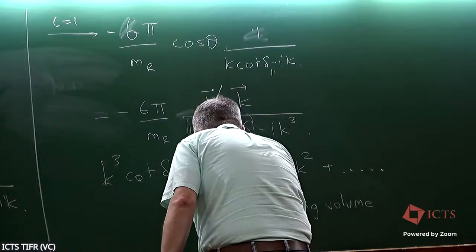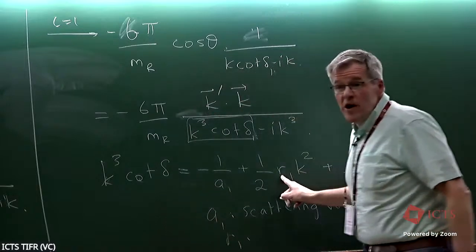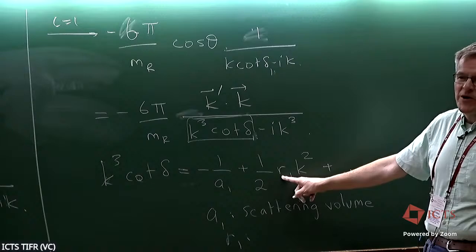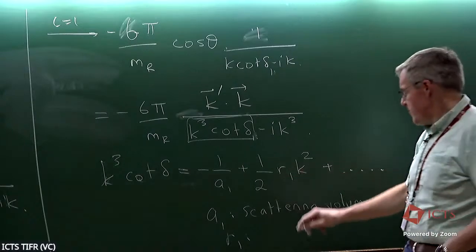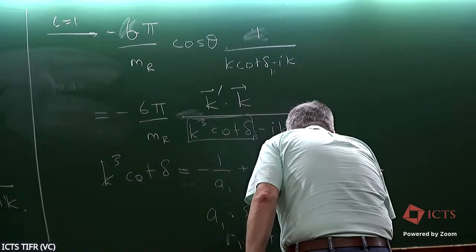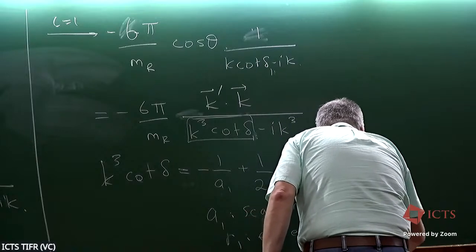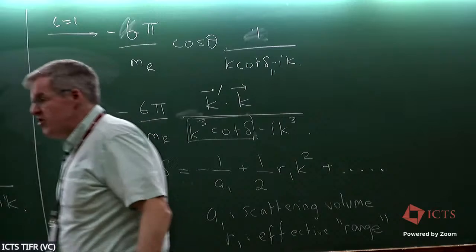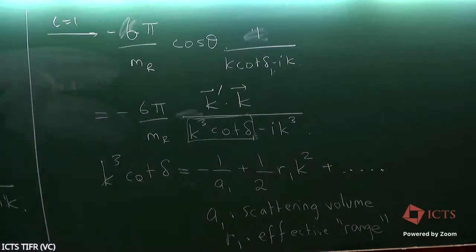And what are the dimensions of R1? That one's momentum, right? We take the trouble to change our terminology for A1, but we don't for R1. We still call it the effective range, even though it's actually a momentum now. I try to put it in scare quotes.